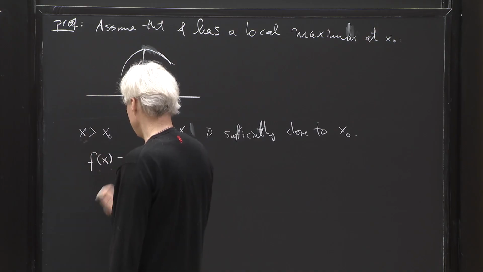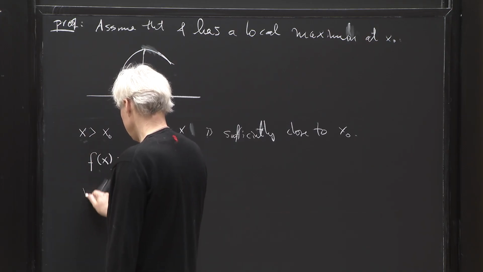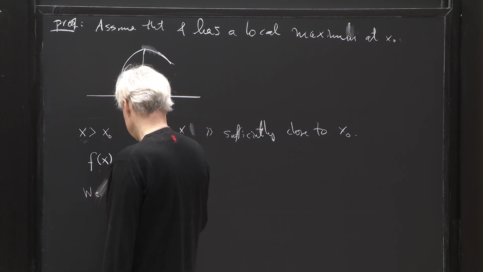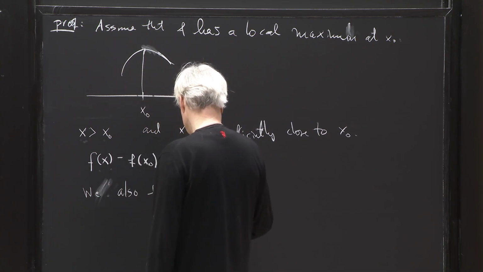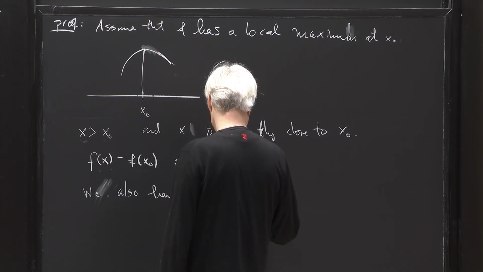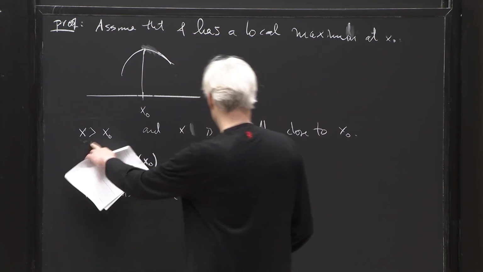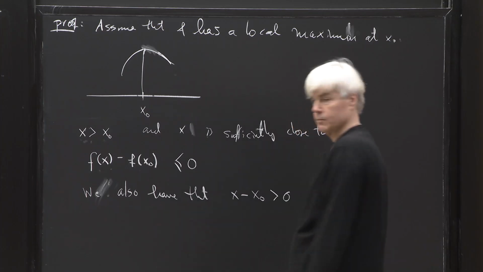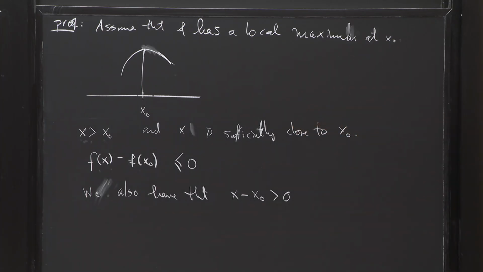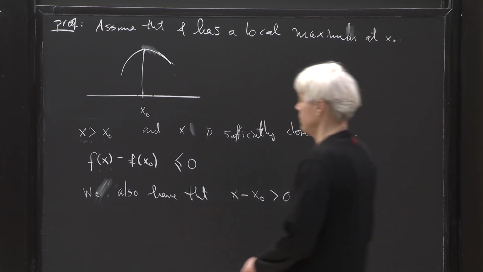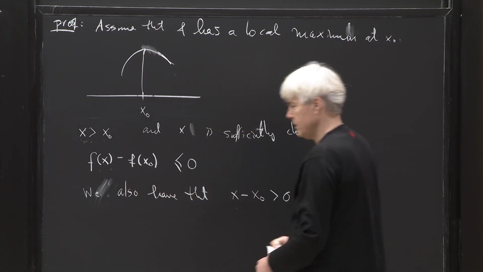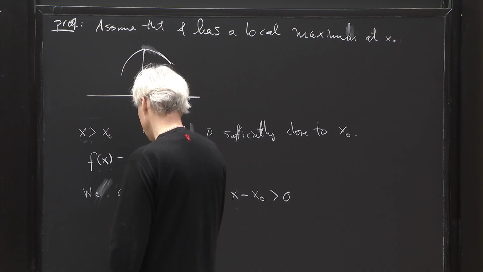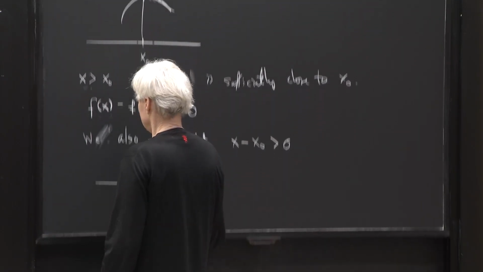But now this is where we're using that x is bigger than x0, because we also have that x minus x0, and again, this is where this assumption is used, is positive, right? So this means that if you take something non-positive and you divide it by something positive, then what you get is something that is non-positive.